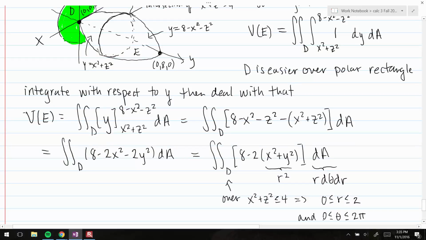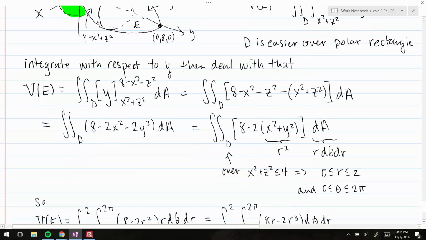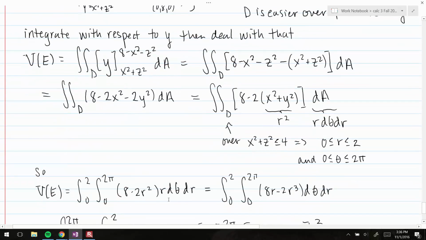Theta is going to sweep from 0 to 2 pi. Our dA is going to be r d theta dr, or dr d theta, it doesn't matter. But whatever order you pick, make sure you're keeping your integration limits over the polar rectangle consistent. If I have theta in the innermost set, then I put my limits of integration with theta in them.